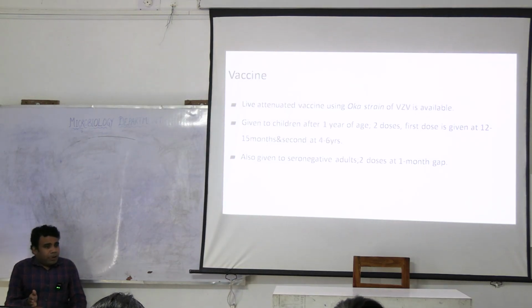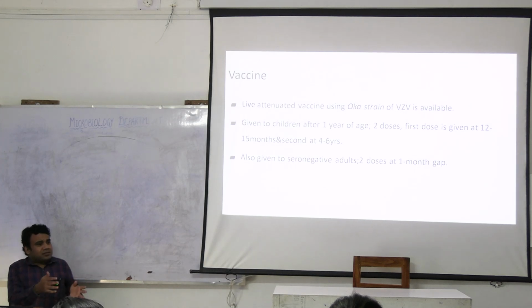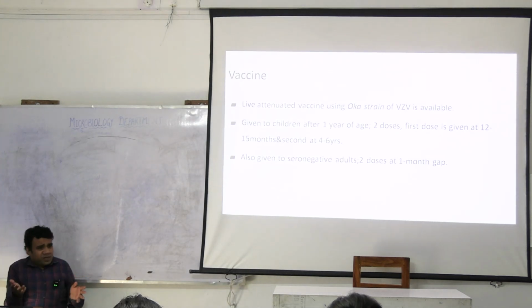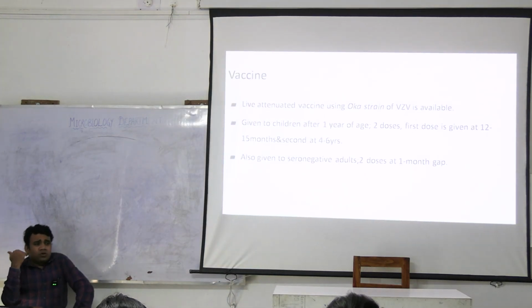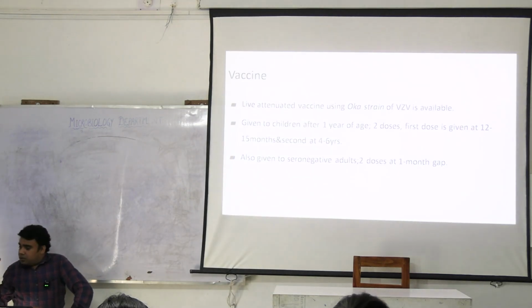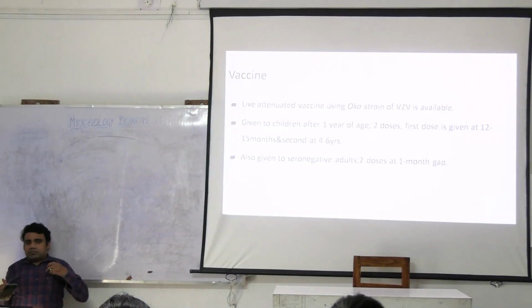Why? Because the virus has an incubation period of about 10 days. So before, with the natural infection, the virus produces viremia. The vaccine will be able to produce the antibodies inside your body much quicker. Thereby, you can abort the infection.